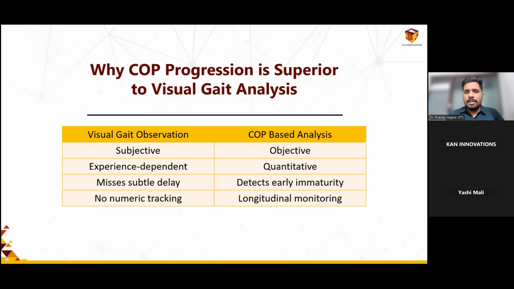Most importantly, it allows longitudinal monitoring. We can track progress over weeks, months, and treatment phases with real data, not just observation. That's how we shift from experience-based assessment to true evidence-based practice in pediatric gait analysis.